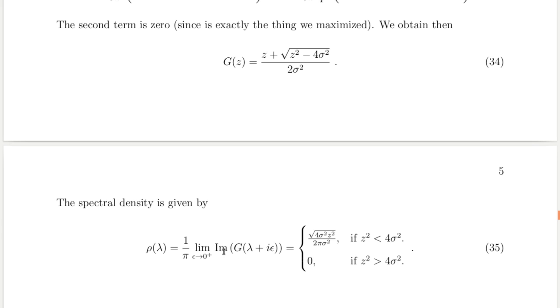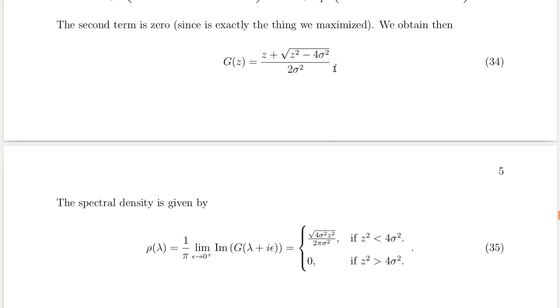So we just take the imaginary part of this G in the limit of the imaginary part of the argument going to 0. And as you can see, if this argument of the square root is positive, then all this term is real, and so the spectral density is 0.